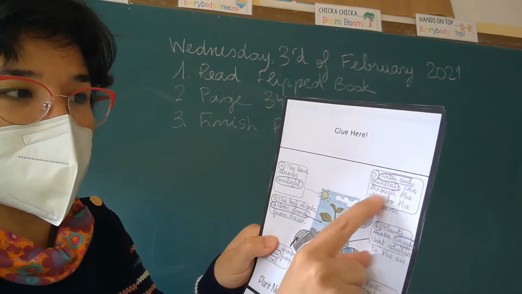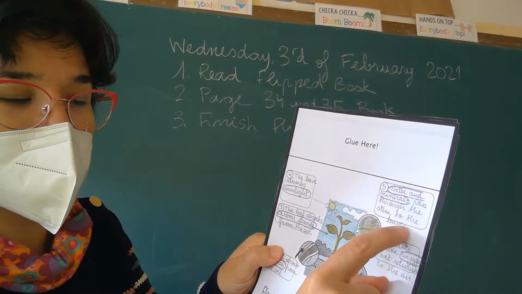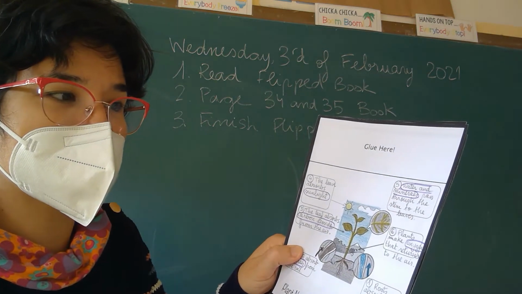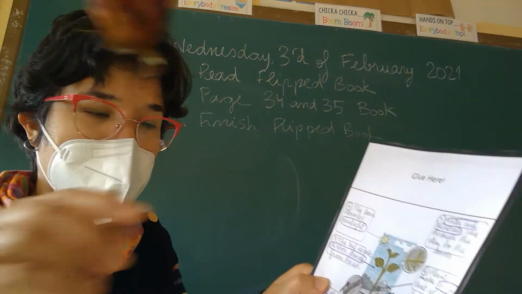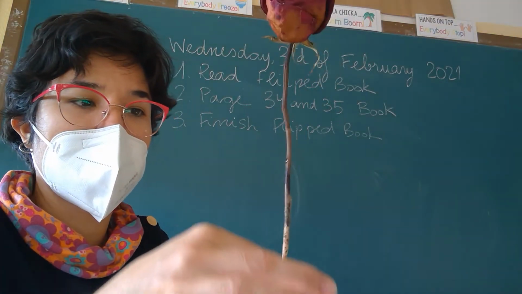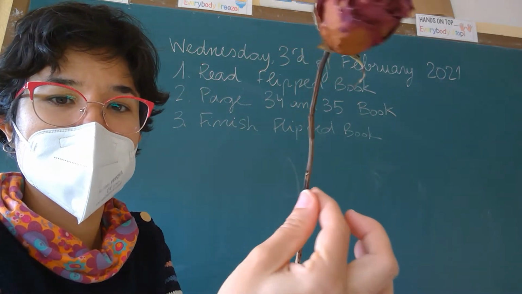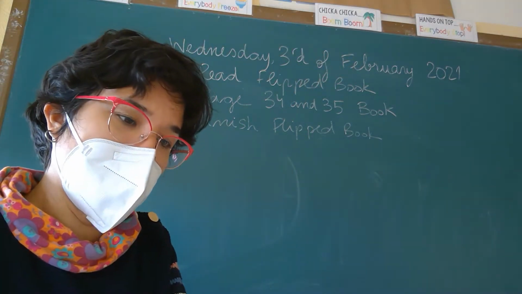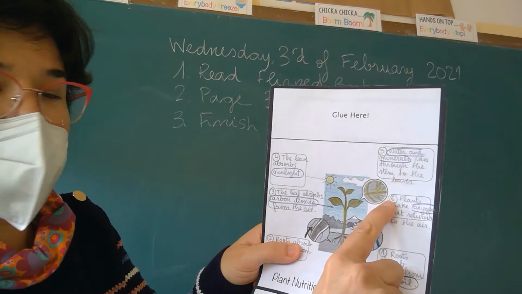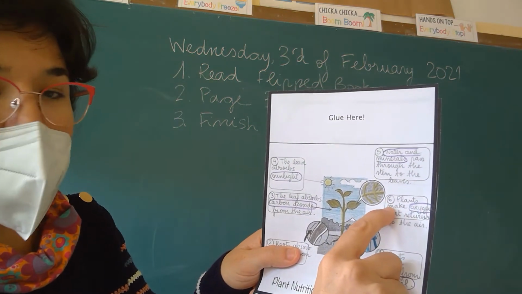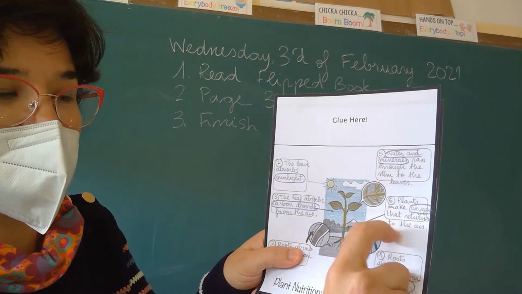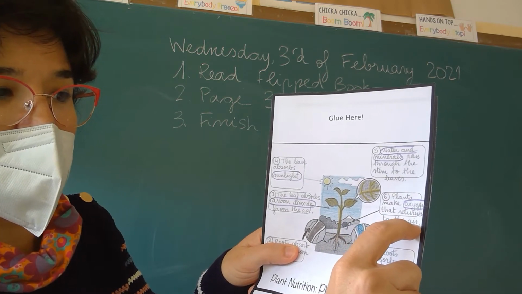Water and minerals pass through the stem to the leaves. Okay? Pass through the stem to the leaves. And number 6. Plants make oxygen that returns to the air.